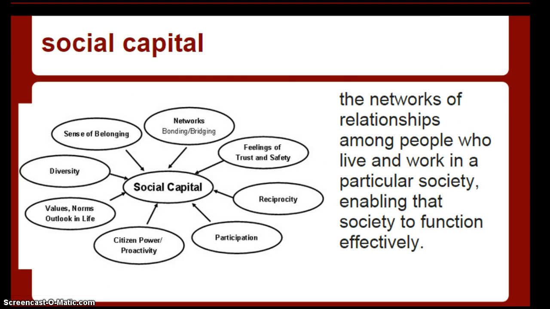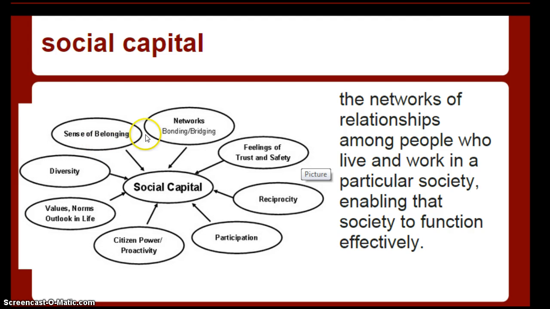Our next term is social capital, and these are all of the networks of relationships among people who live and work in a society, enabling that society to function effectively. So it's basically all the building up of relationships amongst people and all the benefits you get from that.